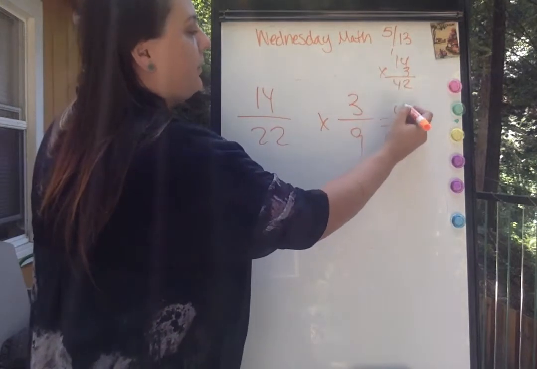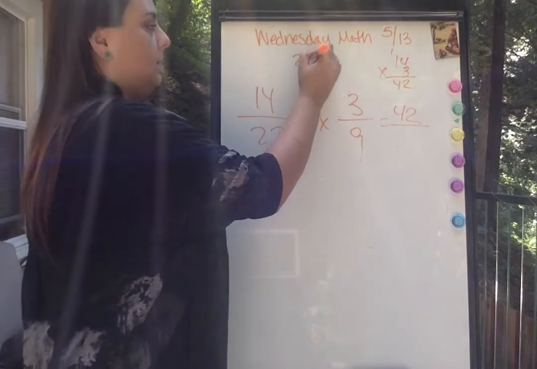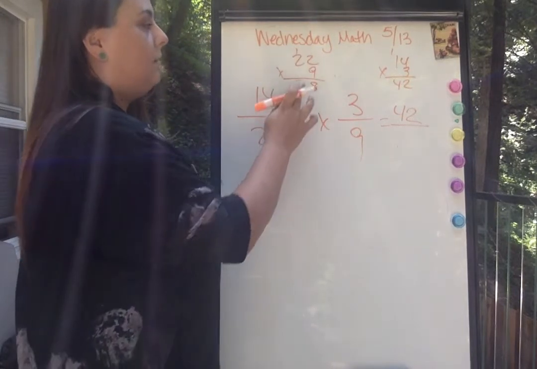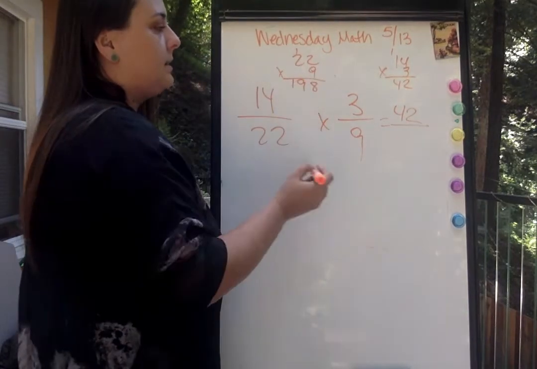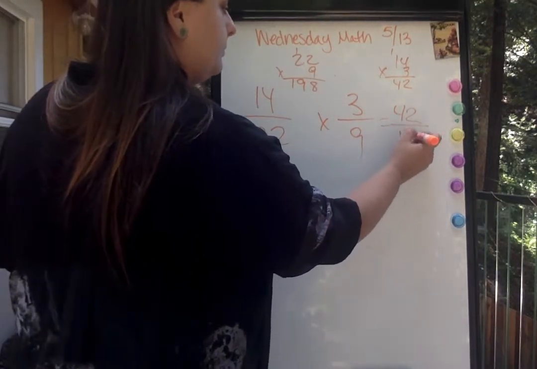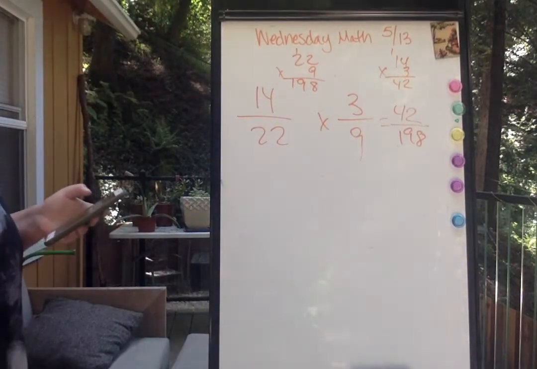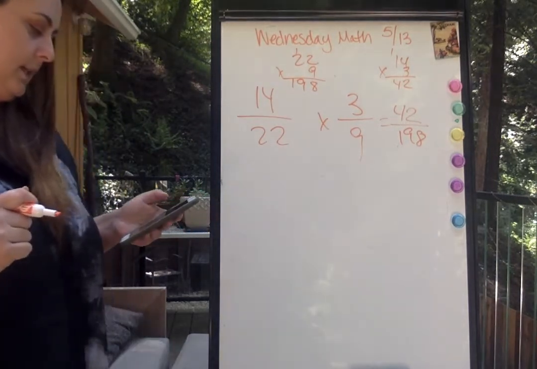So you've got 42, and then 22 times 9. 9 times 2 is 18. 9 times 2 is 18, plus 1 is 19. And you're like, oh man, I'm going to have to reduce this. Yes, you are going to have to reduce this.